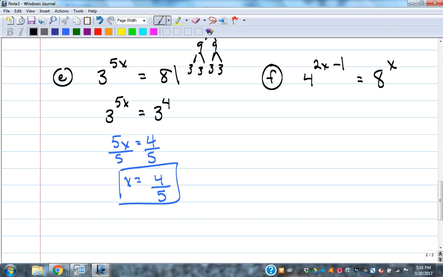Try again. 4 can be written as 2 to the second power. 8 can be written as 2 to the third power. So that's how you need to think about this. Every time I've seen people do this, they will say, oh, well, that's 4 times 2 is what the 8 turns into, and it doesn't turn into an exponential type problem. So they mess up there. You've got to think exponentially that 4 is 2 squared, and 8 is 2 to the third power.